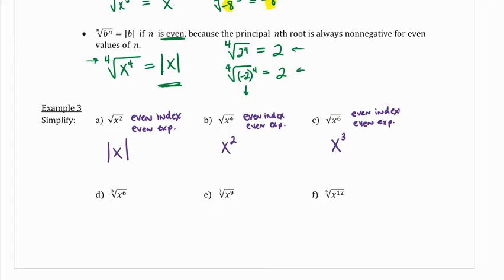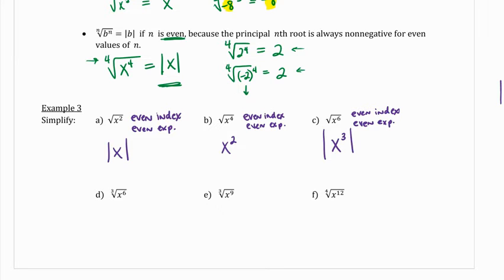So again, because it's an even and an even, that means we need absolute value. And this time, because it's x cubed, if I were to plug a negative number into that, I'm going to end up with a negative, which because of this property up here, I don't want that to happen. When our index and our exponent are both even, it's always going to end up a positive. So I need to put absolute value here.